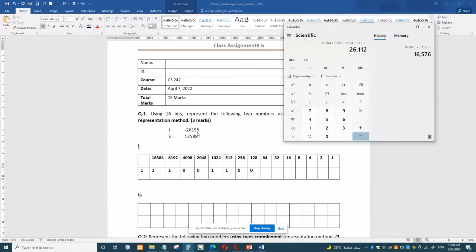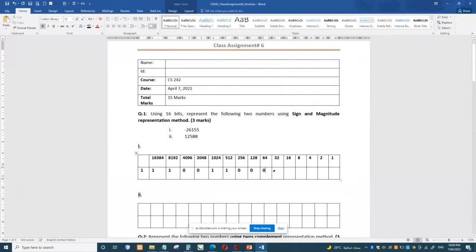So we need 43 more. We don't need 64, but we can take 32 definitely. And we don't need 16, so we can put 0.